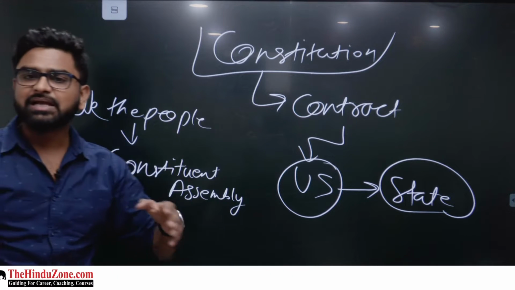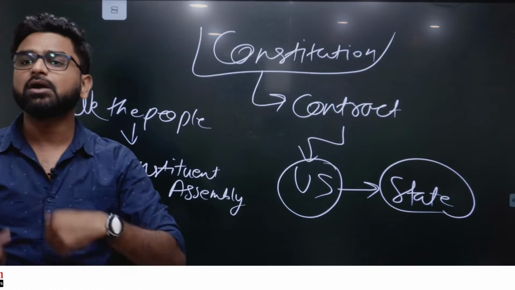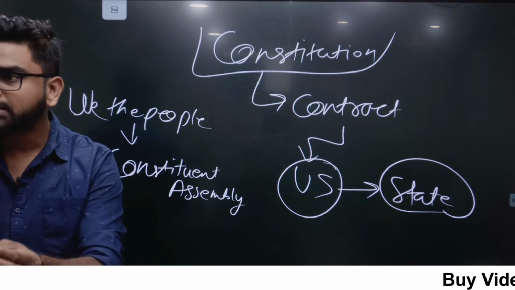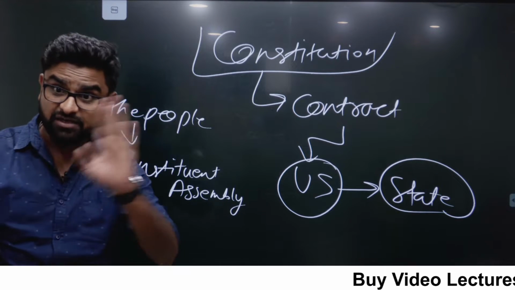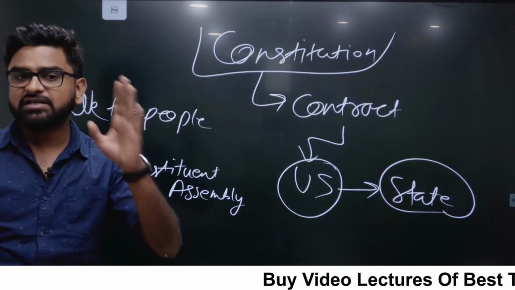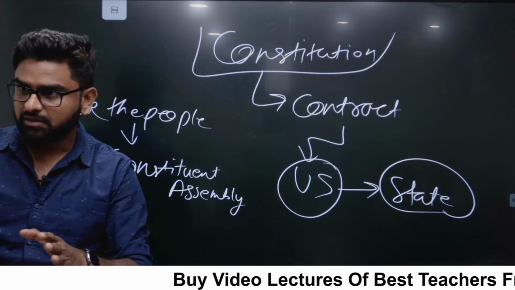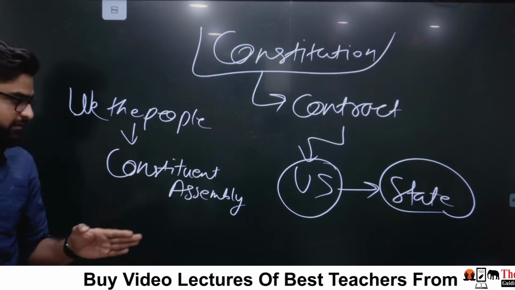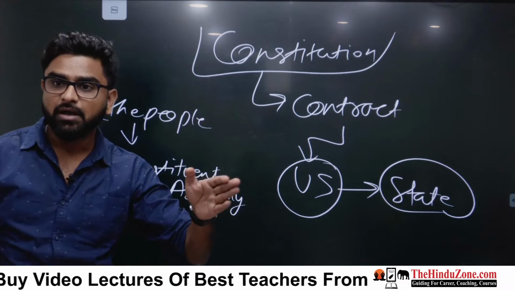Constituent Assembly means an assembly of the people to make the constitution. It is not Parliament. That's a different thing. We will understand a doctrine called basic structure. Then we will understand the difference between Constituent Assembly and Parliament.